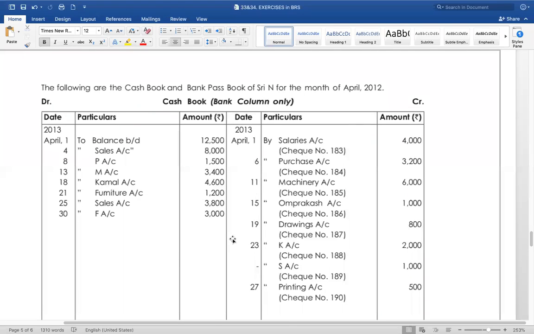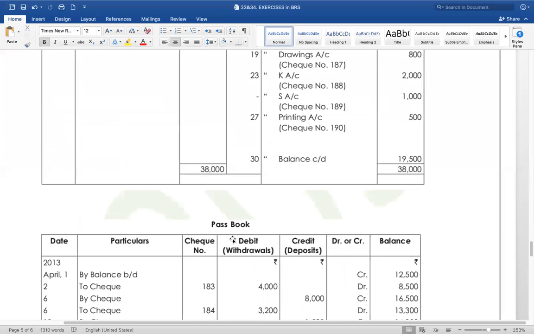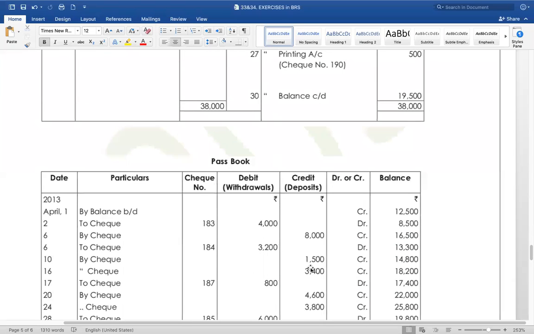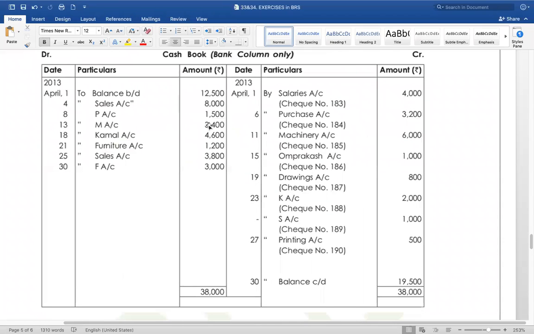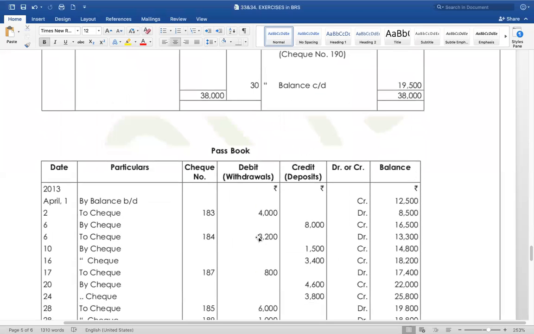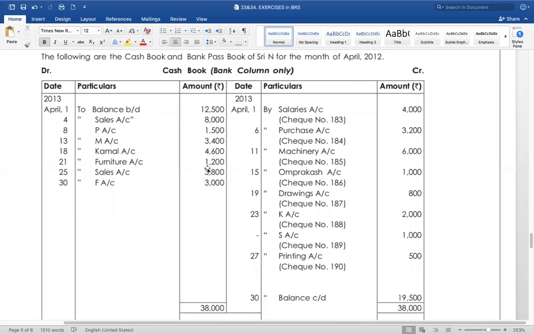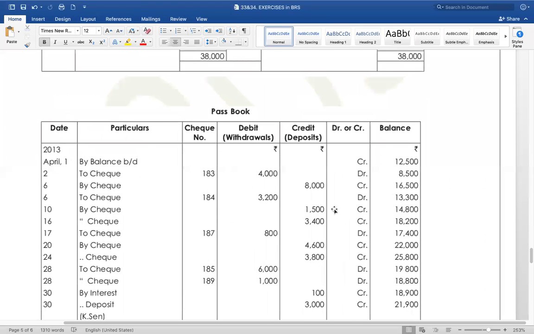Okay, P account 1,500. So that 1,500 also is there. Okay. Next is 3,400. 3,400 also is there, sir. Next is 4,600. 4,600 also is there, sir.